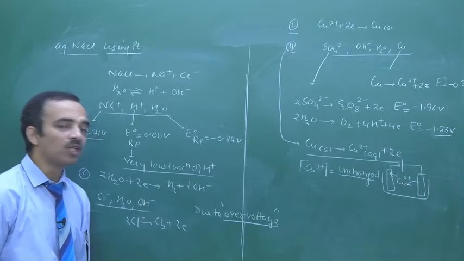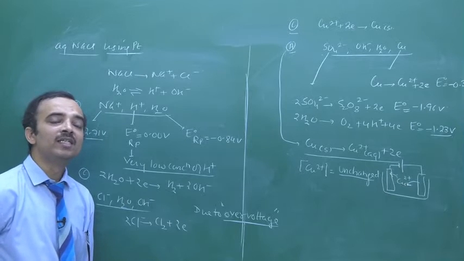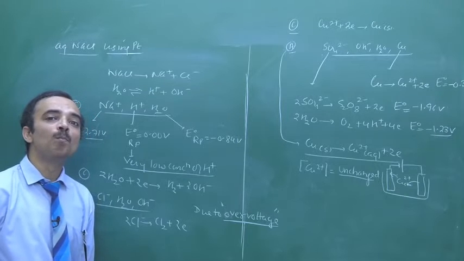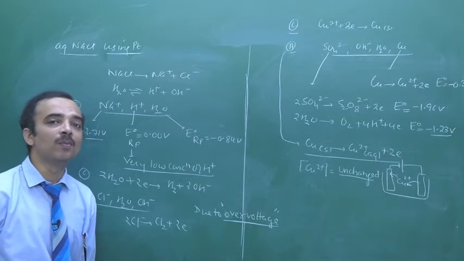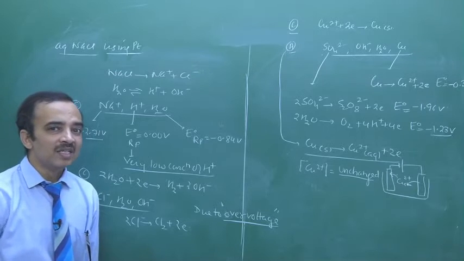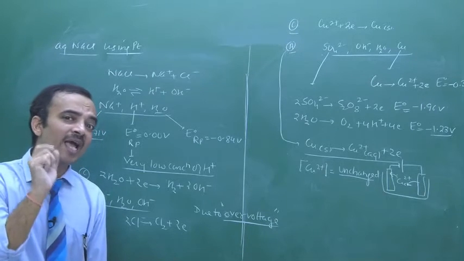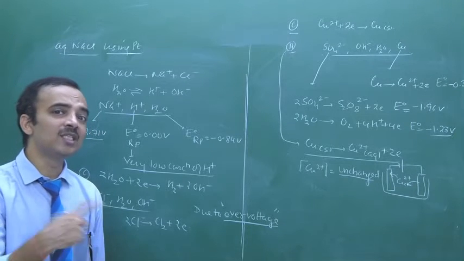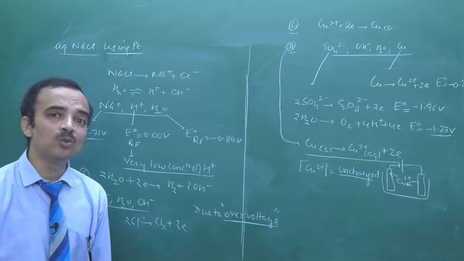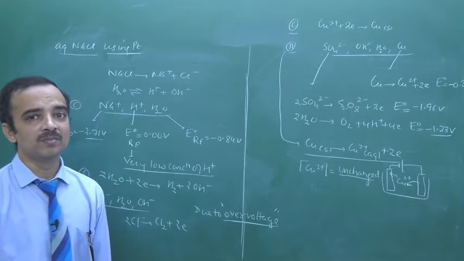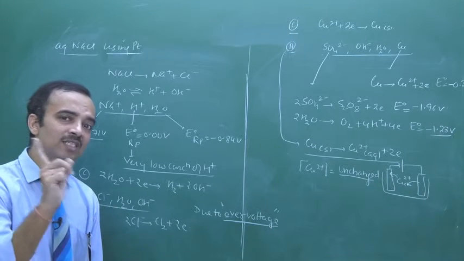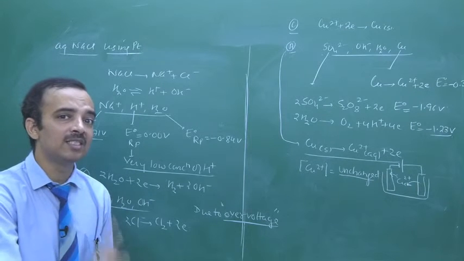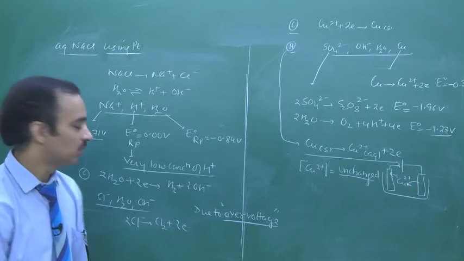Oxidation of water is a slow reaction, therefore its activation energy is high, therefore it needs slightly more potential than the theoretical potential to get oxidized. This difference between the actual potential at which a substance is discharged and the theoretical potential at which it was expected to discharge is called overvoltage.